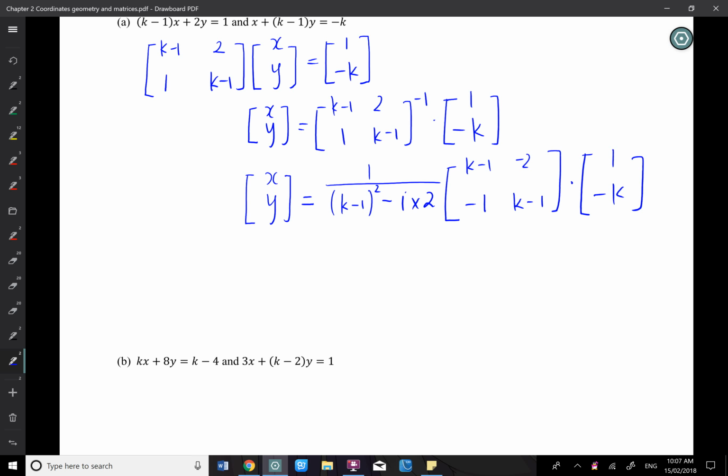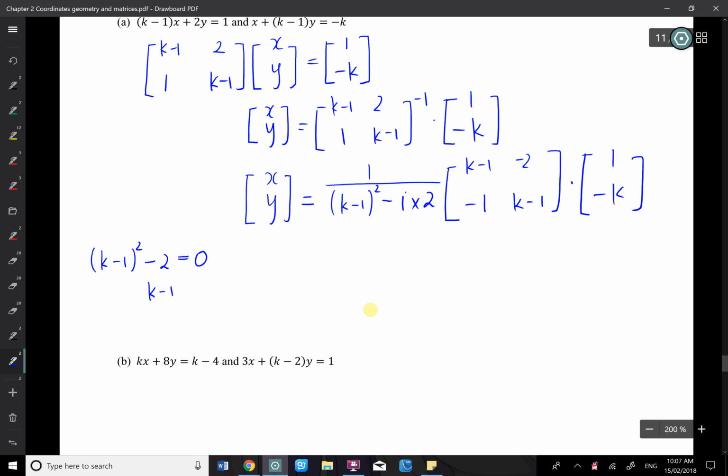I may get the denominator equal to 0. So k minus 1 squared minus 2 equals 0 is when the problem might occur. So k minus 1 squared equals 2, k minus 1 is plus or minus root 2, and k is 1 plus or minus root 2.